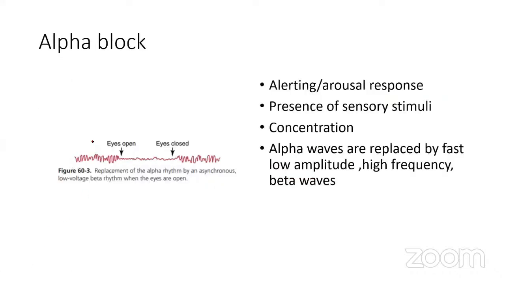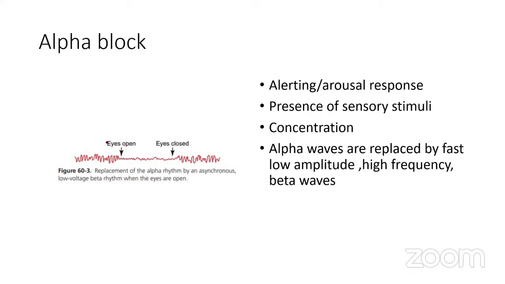And next, this is alpha block. A sensory stimulus can awaken or arouse the person. With alpha waves, initially the person was mind wandering, with eyes closed. Suddenly a sensory stimulus awakens the person.